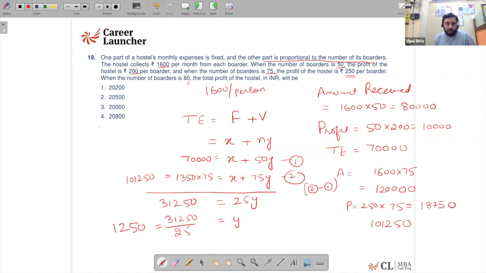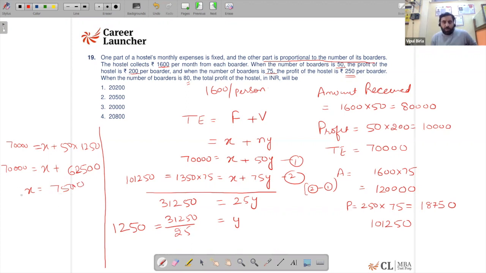So once I plug in y equals 1250 in the first equation, 70,000 equals x plus 50 into 1250, x plus 125 into 5 is 625. So x will come out to be 7,500. So I know the value of x as well as y.